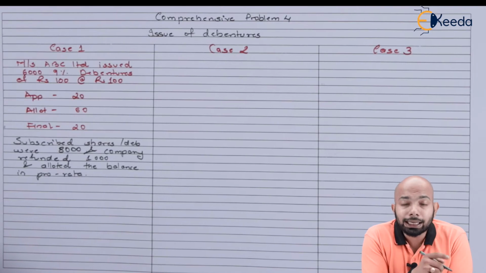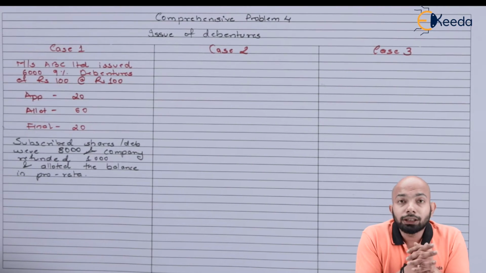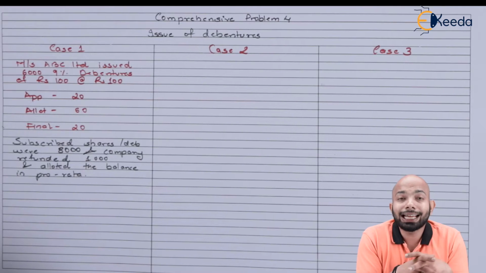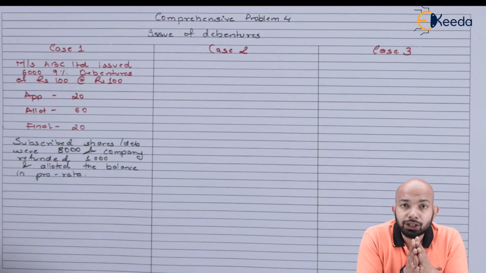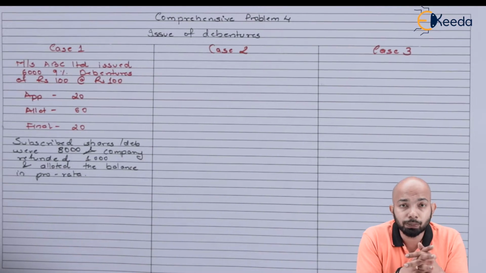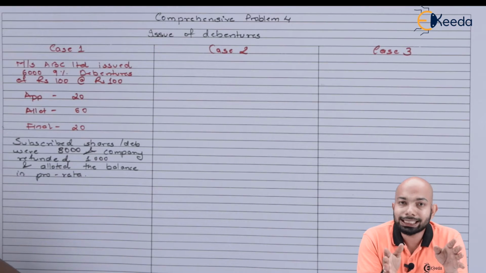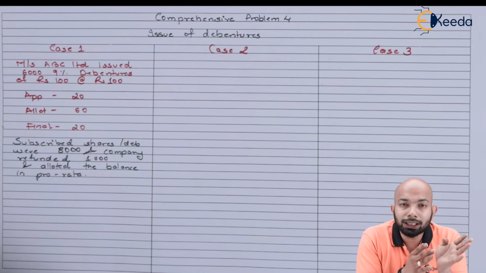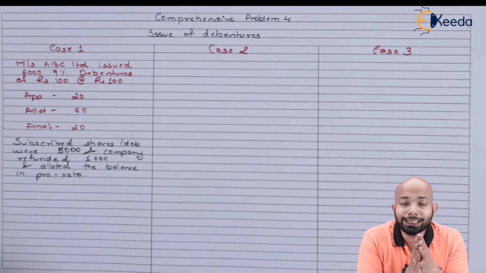The company refunded 1,000 debentures, and the rest have been allotted to match the total 6,000 issue. That means 7,000 debentures were applied for against 6,000 debentures here. So whatever additional application money we have, we'll use that in allotment.